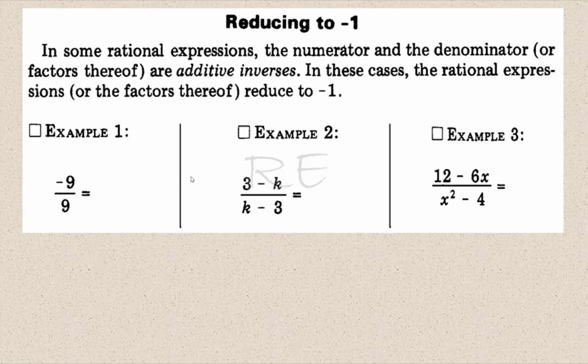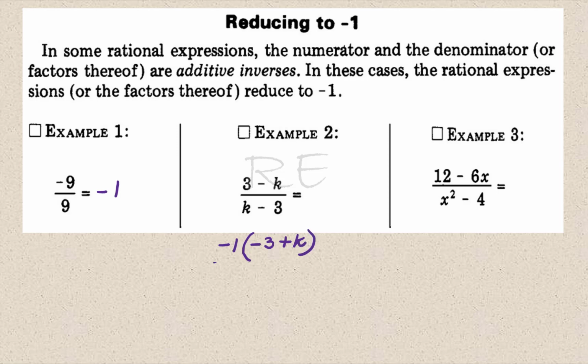When the numerator is the additive inverse of the denominator, or the denominator the additive inverse of the numerator, the answer is -1. -9 divided by 9 is -1. Similarly, 3 minus k divided by k minus 3 will be equal to -1.